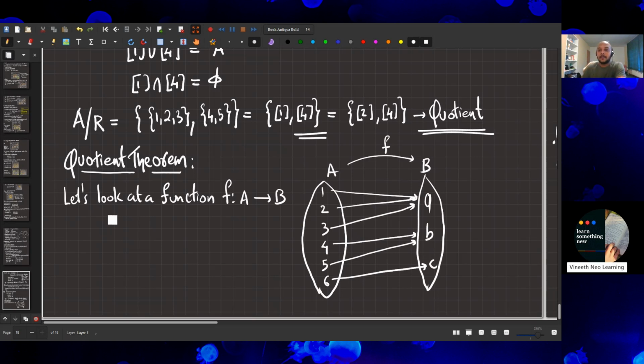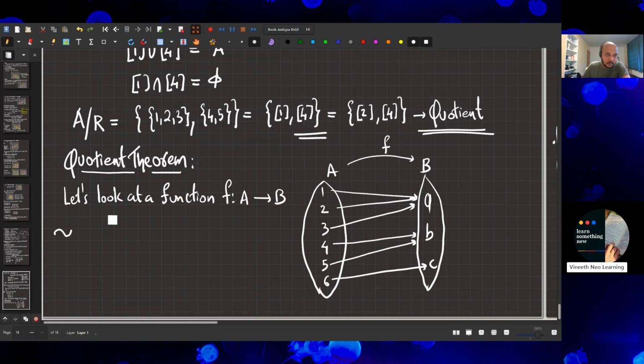Now I'm defining a relation. You should tell me whether it is an equivalence relation or not. I'm defining a relation on A, using the symbol tilde.